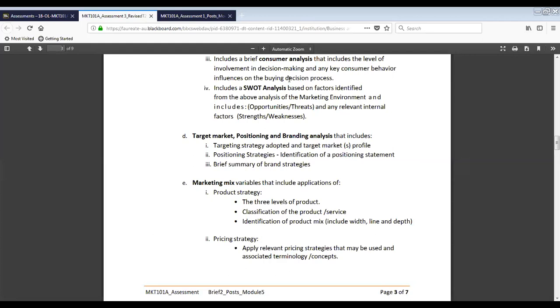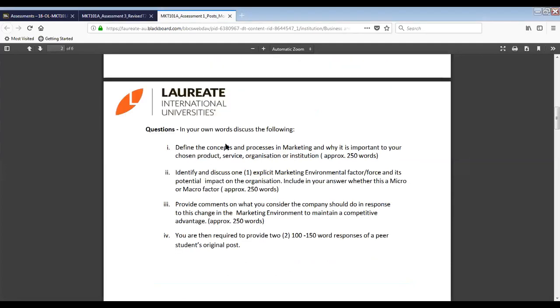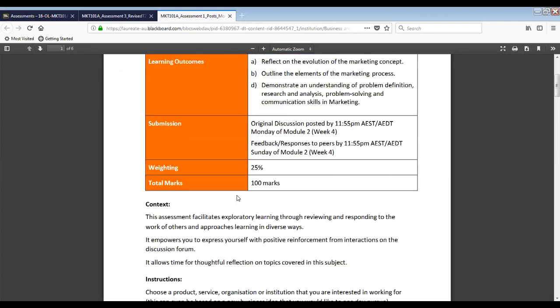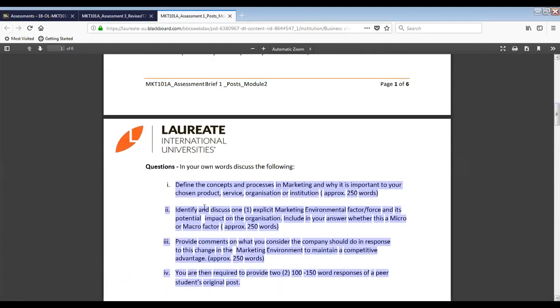Now let's have a look at the assessment one. Okay, let's discuss this in more detail. I just copy and paste the questions into my Word document, oops, sorry, so we can discuss this in more detail.